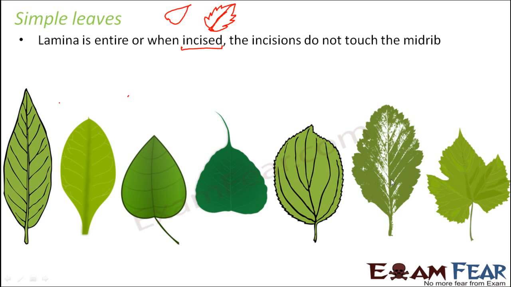Do you understand the difference between this type of incision and this type of incision? The incision is very small here. But here the incision is a little more, so it is a little closer to the midrib. But here the incision is far away from the midrib. Now imagine what would happen if it is more incised and this incision touches the midrib. We will see that when we talk about compound leaves. So these are simple leaves. The lamina either has to be entire, or if it is incised, the incision should not touch the midrib.